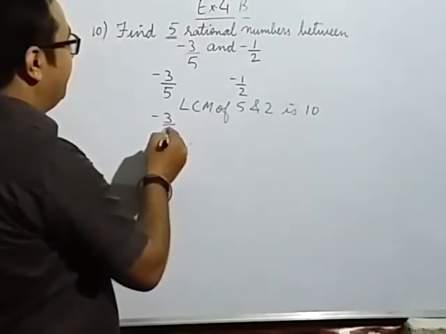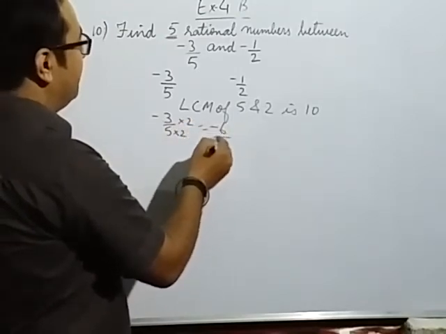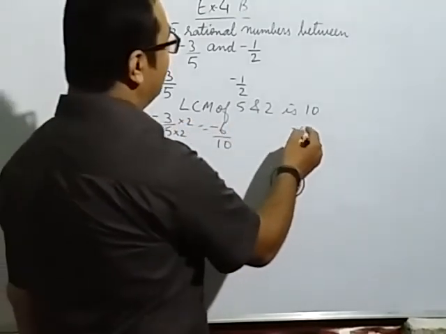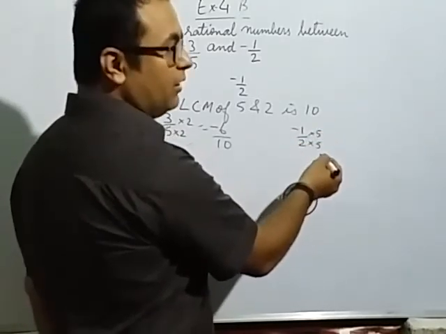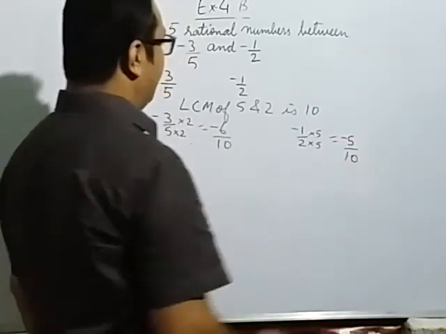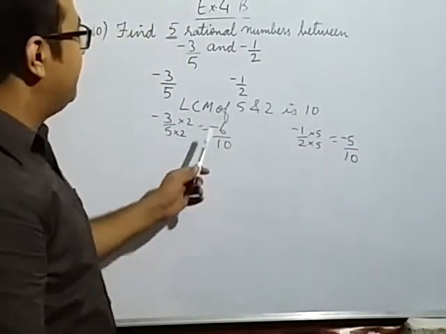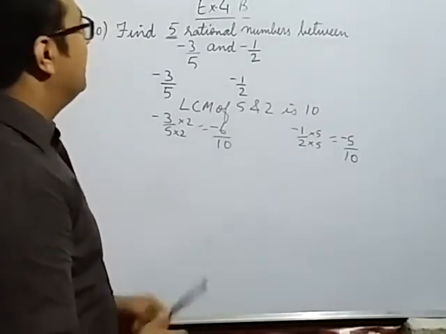So minus 3 upon 5 can be written as minus 6 upon 10. Minus 1 upon 2 can be multiplied by 5 to make the denominator equal to 10. Can be written as minus 5 upon 10. Now we need to find 5 rational numbers between minus 6 upon 10 and minus 5 upon 10.